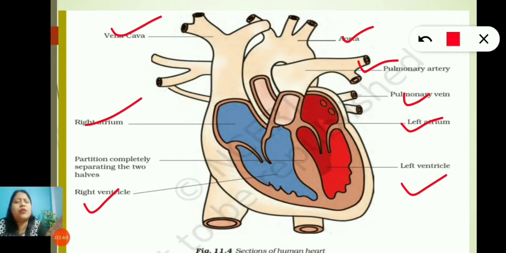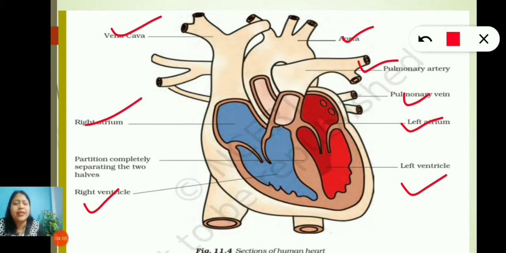The heart is divided into two equal halves, right side and left side. In this drawing, the right side is blue, symbolizing deoxygenated blood, and this side is red, symbolizing the presence of oxygenated blood.